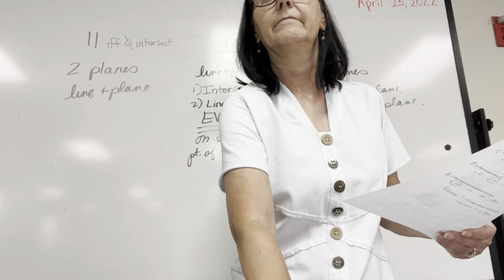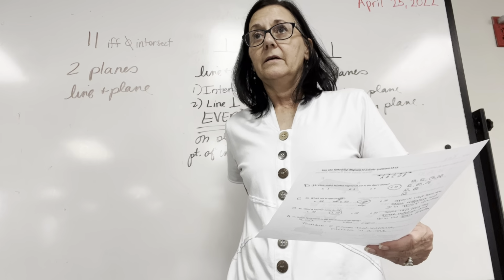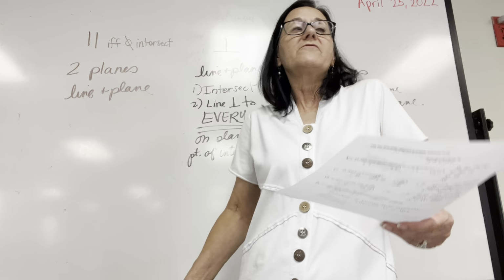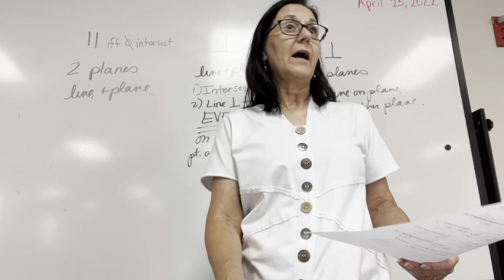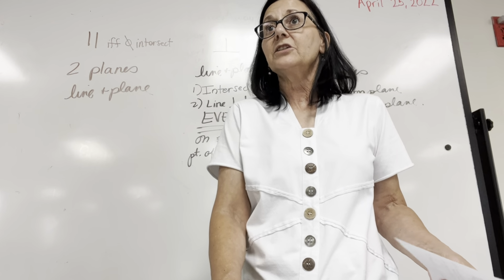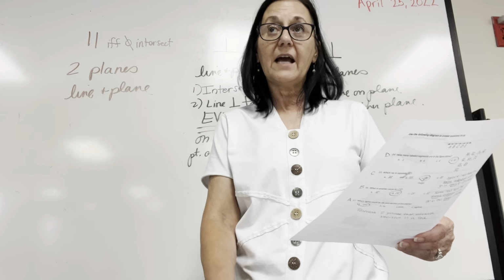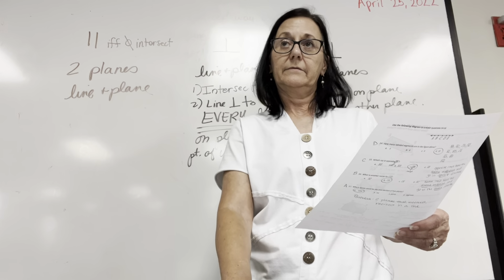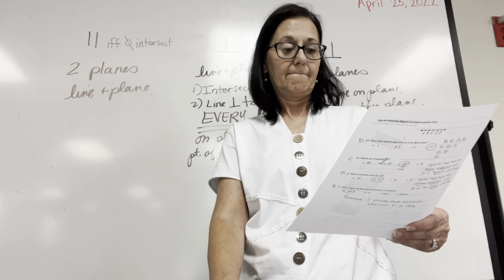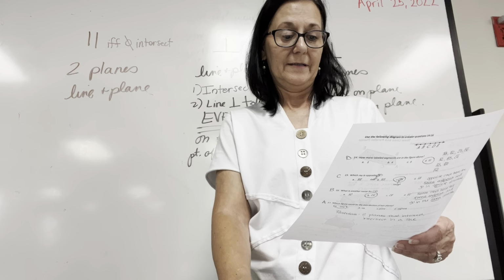They're not coplanar, that's correct. Requirements for skew lines: not parallel. Not parallel means they don't lie on the same plane, right? That has to go hand in hand. So they definitely don't lie on the same plane. And do they not intersect? Well, they can't if they're not coplanar. So that would be true, yes.